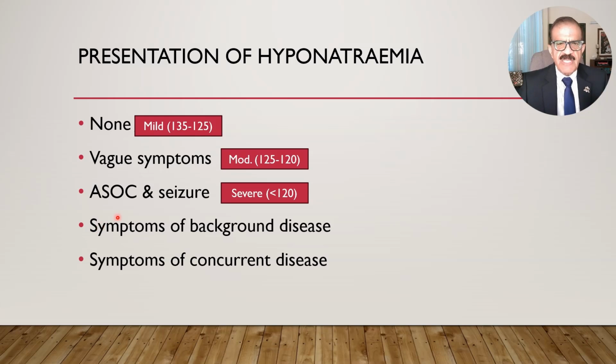To assess the exact cause, you need to understand the symptoms of the background disease and also the symptoms of concurrent disease. In this case, concurrent disease like gastroenteritis, and background disease, the people who may not have any concurrent disease, but because of their background disease, sometimes very mysterious diseases like carcinoma bronchus, there may be hyponatremia. That will be discussed actually in the next lecture.